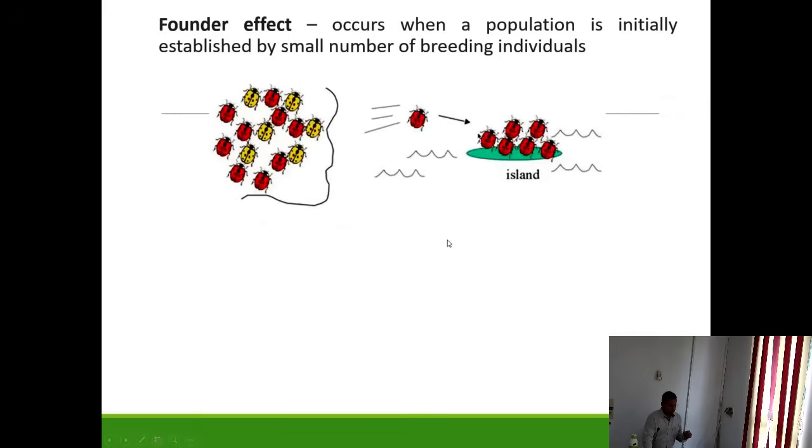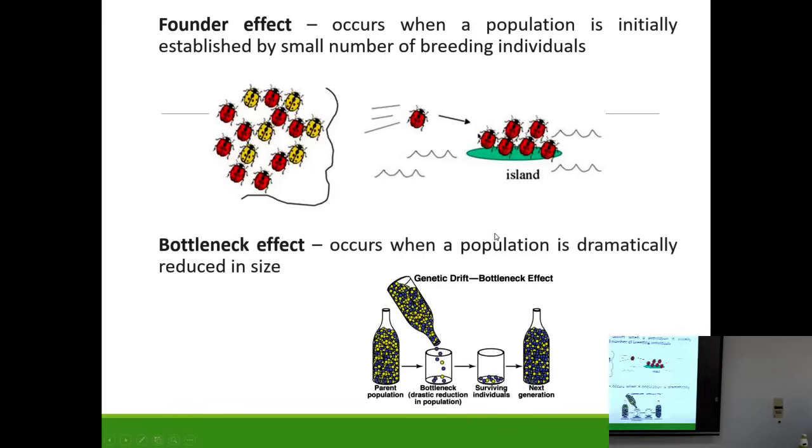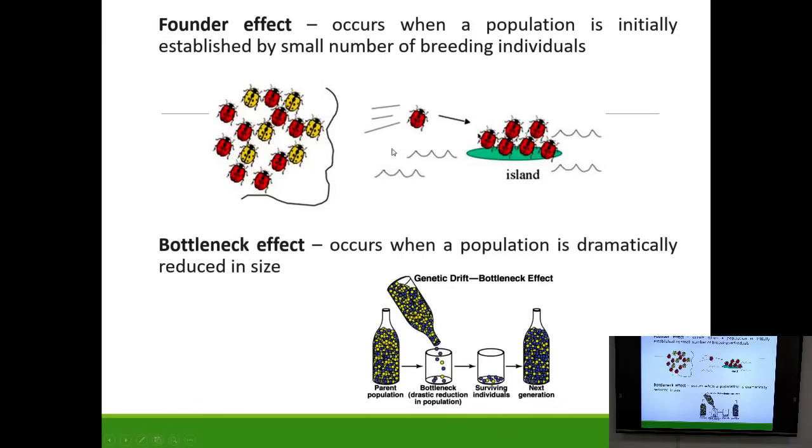Now, these are the two important phenomena that take place in a small population condition. Like founder effect, it occurs when a population is initially established by a small number of breeding individuals. A few individuals go from one place to another and start developing their own colony, then that is known as founder effect. Okay.